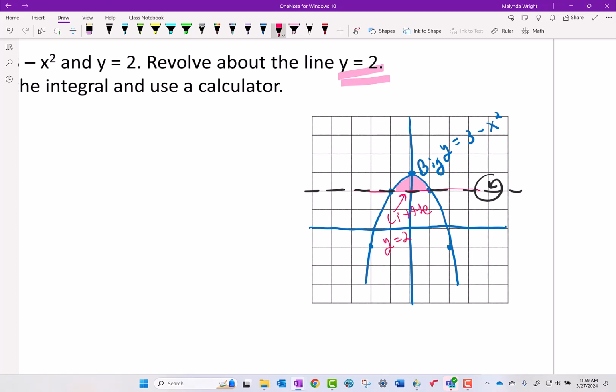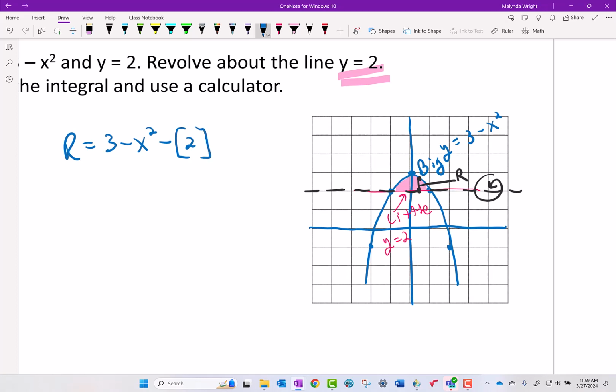That's little. So r, and I'm just picking a random spot to draw r. This is r. R is big minus little. So r is going to be big, which is 3 minus x squared, minus little, and little is 2.